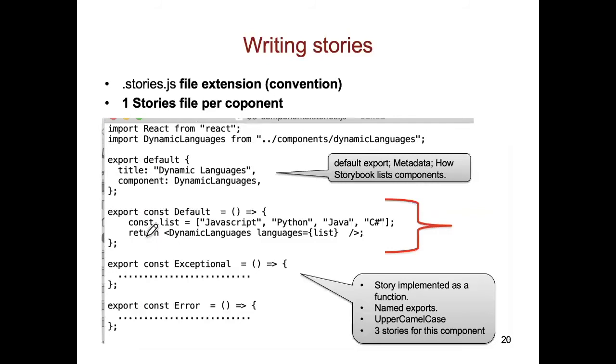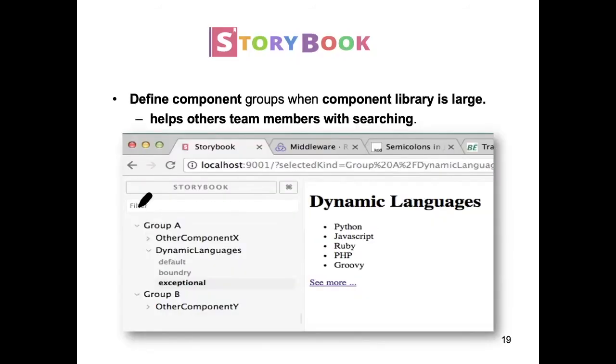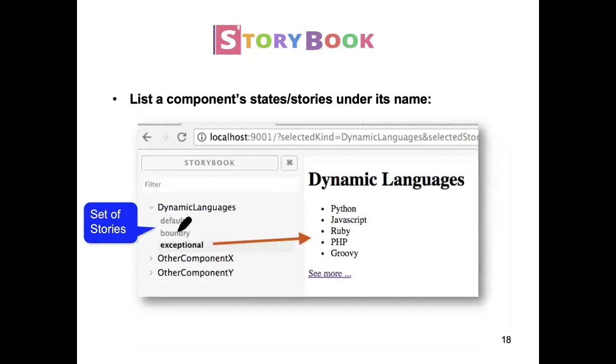Now, when you're using Storybook, you obviously have to implement your components, but you also have to write the stories, because it's the stories that you write that Storybook uses to create this listing here on the left and this kind of stuff here.